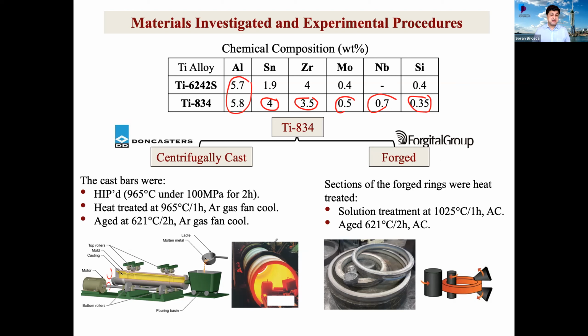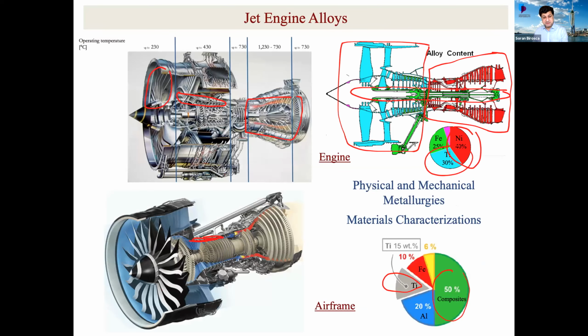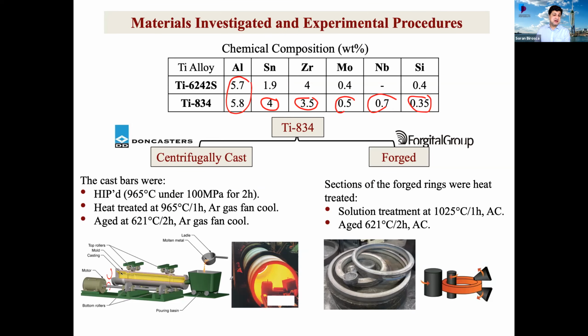However, for the centrifugal casting, briefly, you pour the molten alloy from the ladle onto the basin, then you throw it to the rotating mold, which is rotated by the motor, and then it will be stacked on the mold wall, and then it will be solidified during the cooling. And this is what we call centrifugally cast.